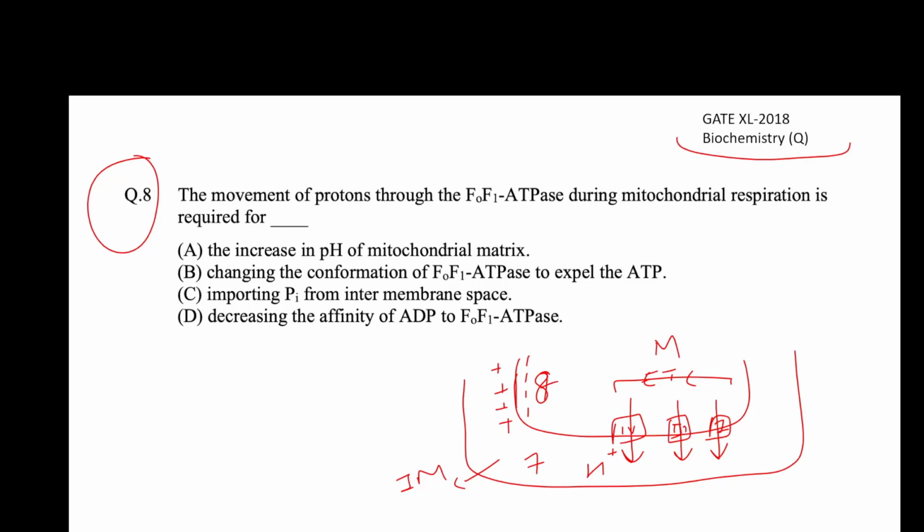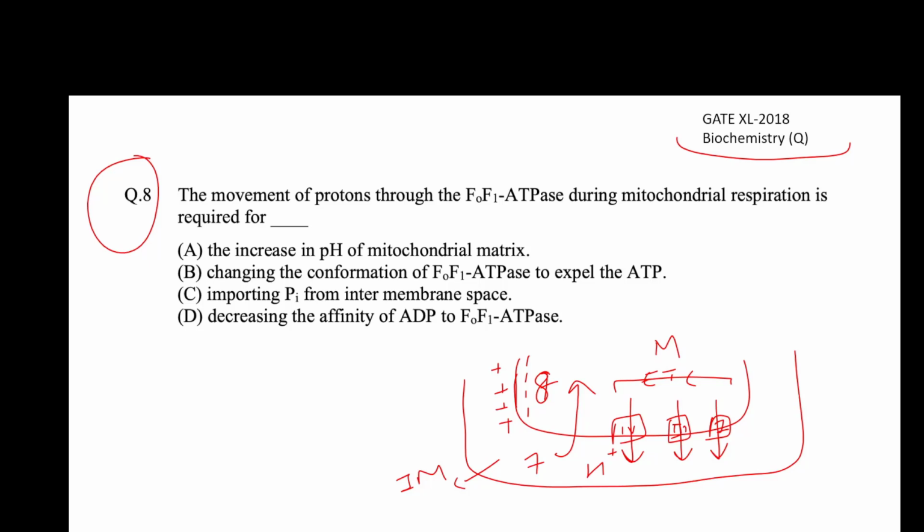So the protons on the outside have a thermodynamic tendency to flow back into the matrix to equalize the pH. When the protons do flow back into the matrix, the energy is dissipated and some of it is used for the synthesis of ATP.